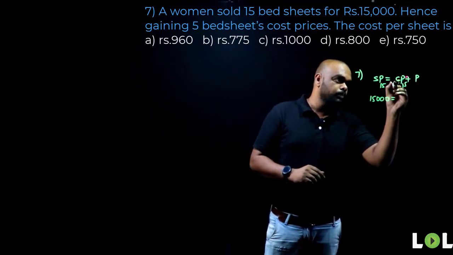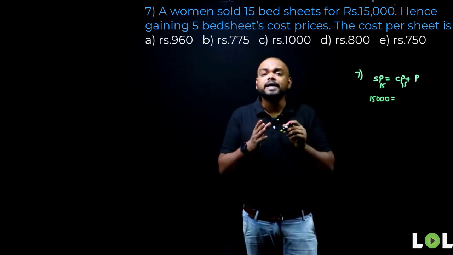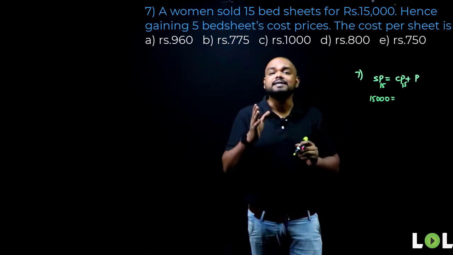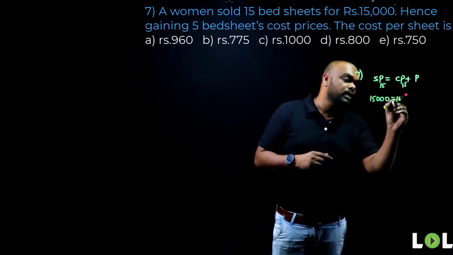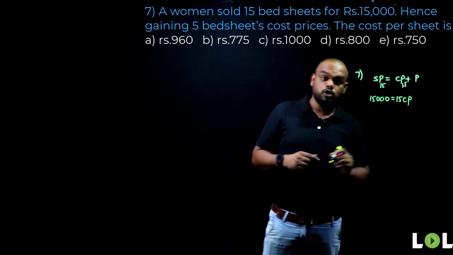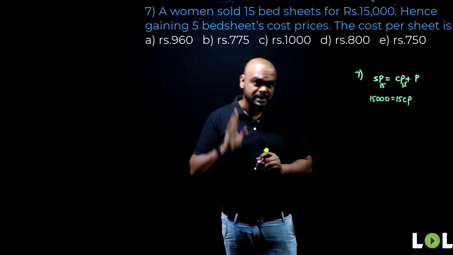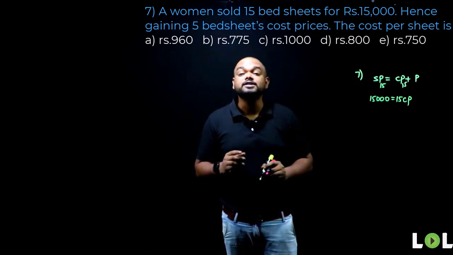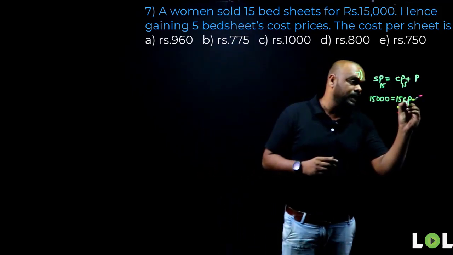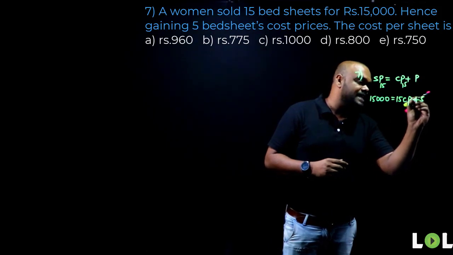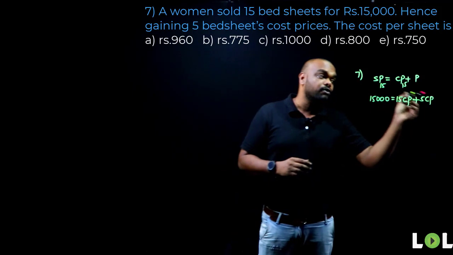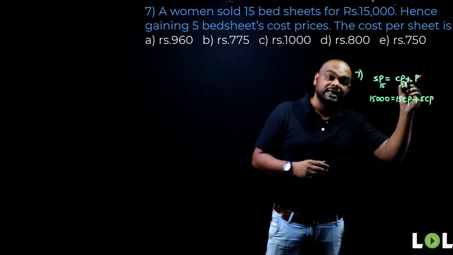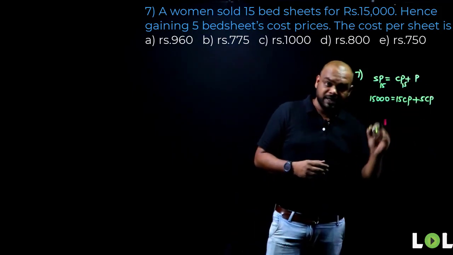That is equal to, now the cost price of 1 bed sheet, let us consider it as CP. Then the cost price of 15 bed sheets will be 15 CP plus profit as 5 CP. Why? She gains the cost price of 5 bed sheets, means profit is the cost price of 5 bed sheets.